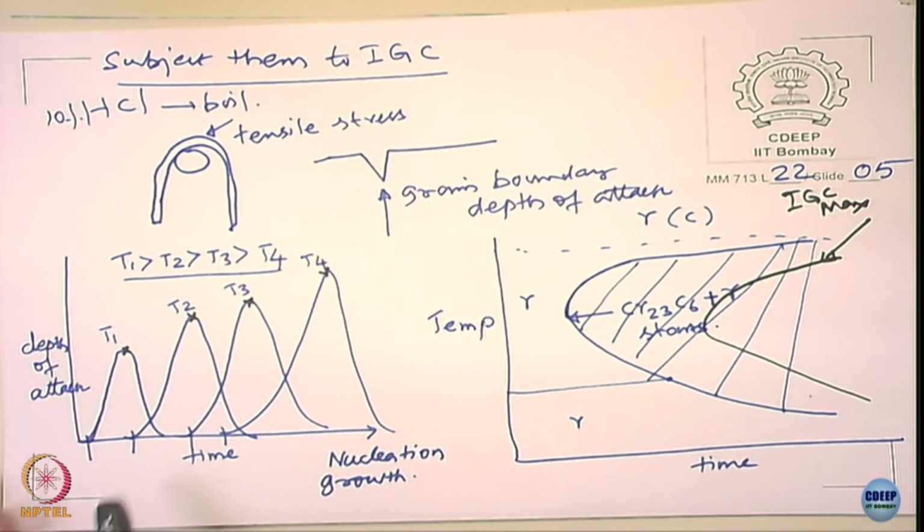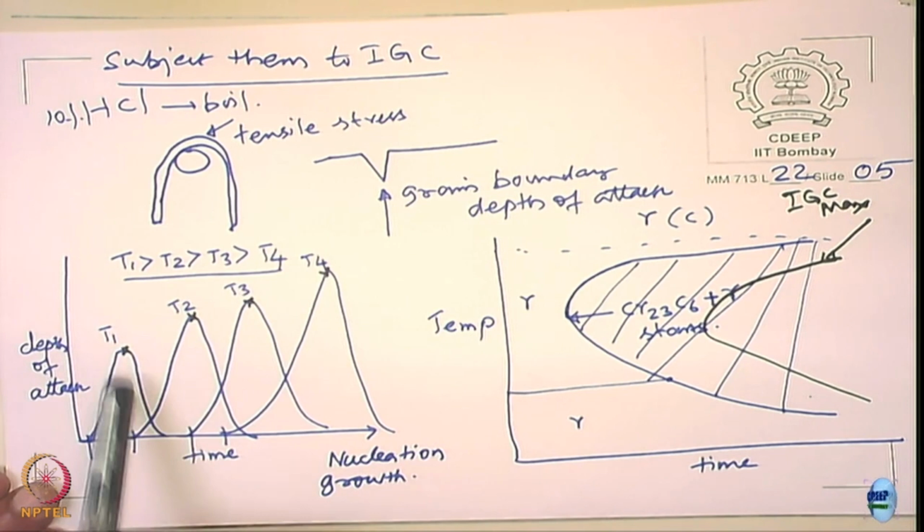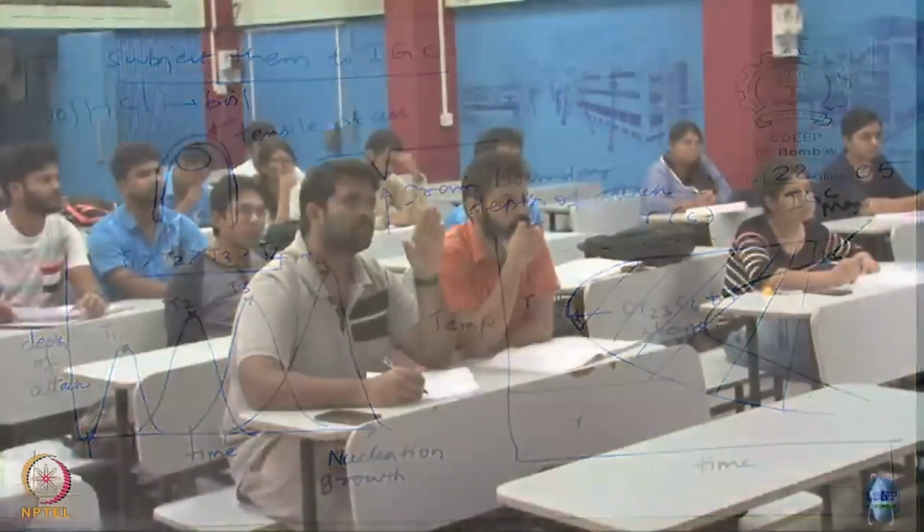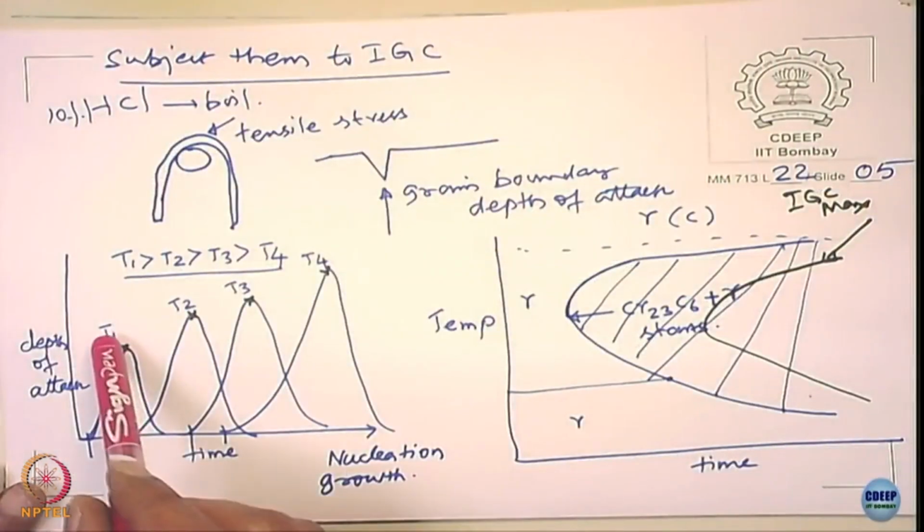But again, please notice, it goes to maximum and again falls down here. That means if you heat for longer time, what is happening to IGC? Decrease. Why does it happen? Why should the IGC drop on prolonged annealing?